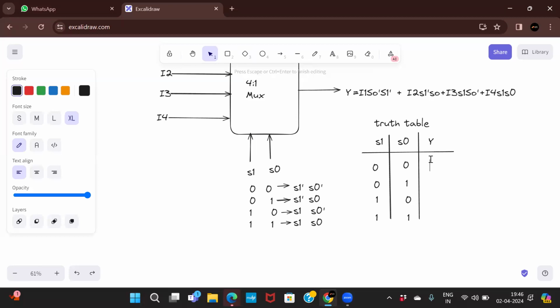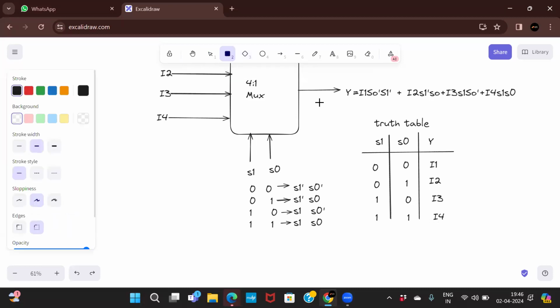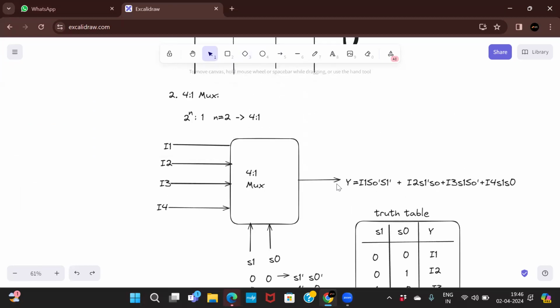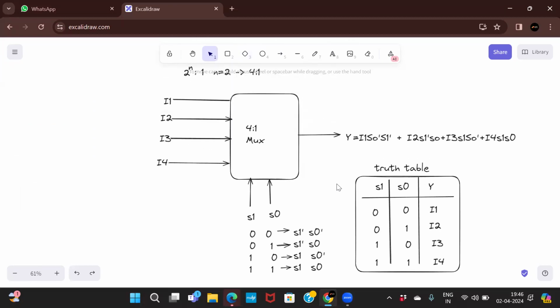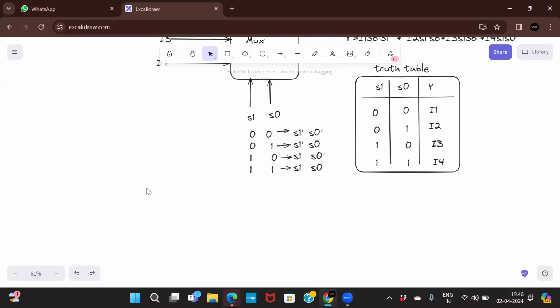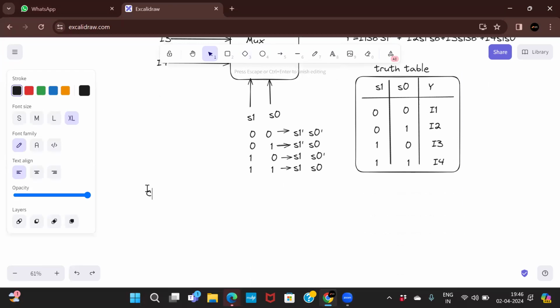When we select 0 0, we have output I1, then I2, I3, I4. So this is the truth table. It's very easy, right? We just need to remember the select lines. That's it. Nothing else to do. You got it right? Yes, sir. Based on the output, we need to design a circuit.